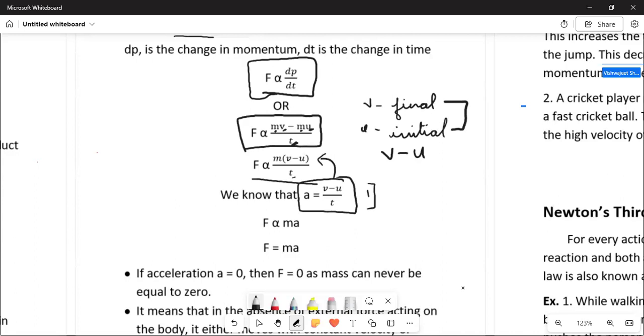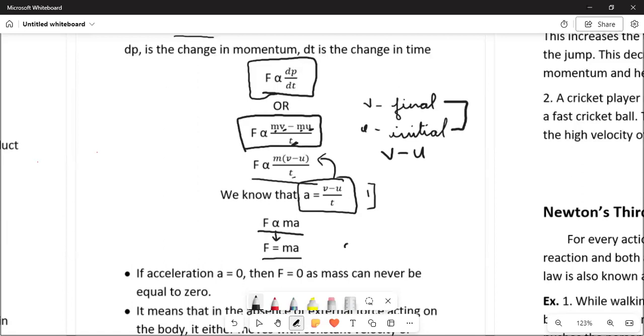So from this we get that force is directly proportional to mass into acceleration, and as it is directly proportional, we say that F is equal to mass into acceleration. Now you will say that our directly proportional sign is directly getting converted into the equal to sign, right? Where is the constant?